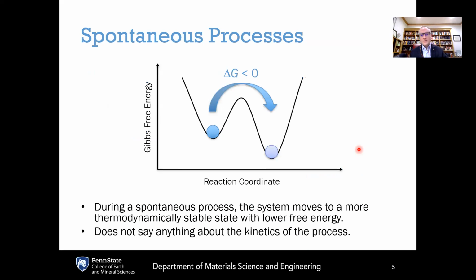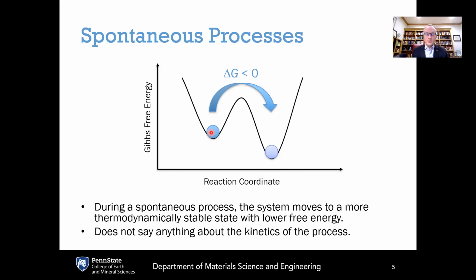Now, one of the classifications of materials processes is whether or not it is spontaneous. A spontaneous process is defined as a process that takes the system to a more thermodynamically stable state.